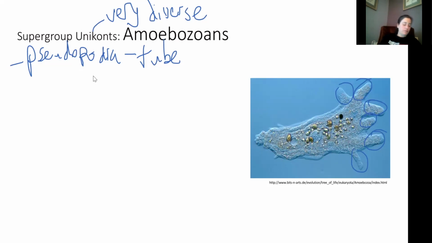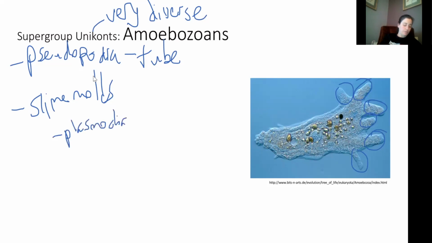This group also includes slime molds, which is what we were going to do in lab, which is sad. There are two different groups of slime molds. There are the plasmodial slime molds, and that's what we were going to work with, and hopefully will work with, although they're supposed to arrive today. These are in this group because they have amoeboid feeding stages.